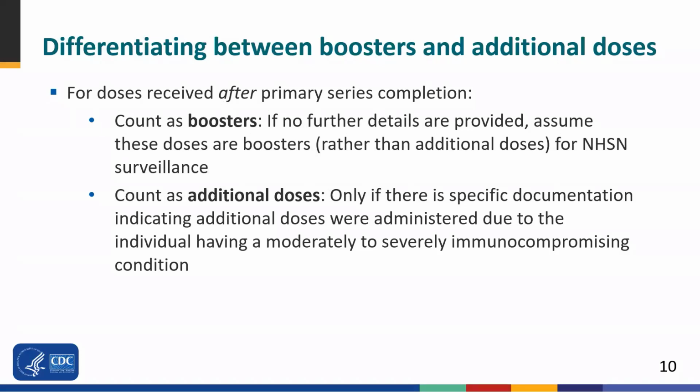If an individual was administered 1 or 2 doses of COVID-19 vaccine after they completed their primary series with no further details provided, then for the purpose of NHSN surveillance, assume these doses are boosters and not additional doses unless you have specific documentation indicating that they received an additional dose due to having a moderately to severely immunocompromising condition.